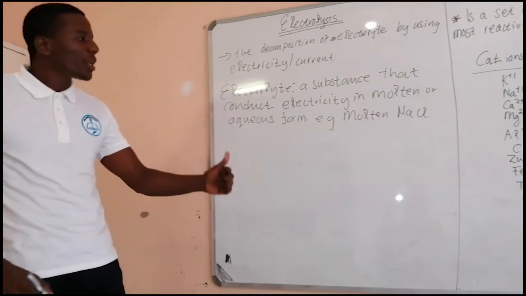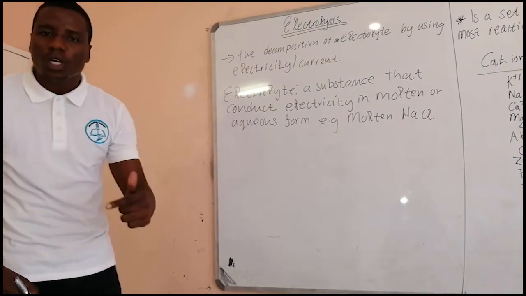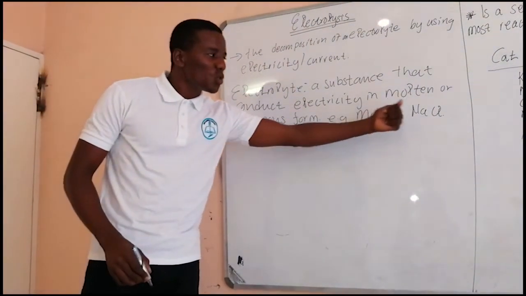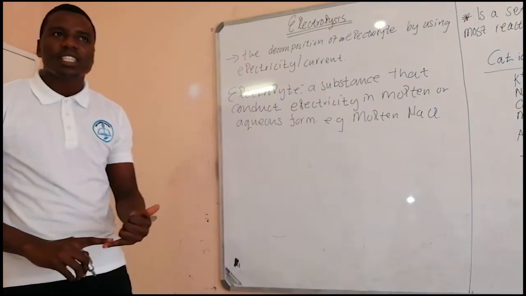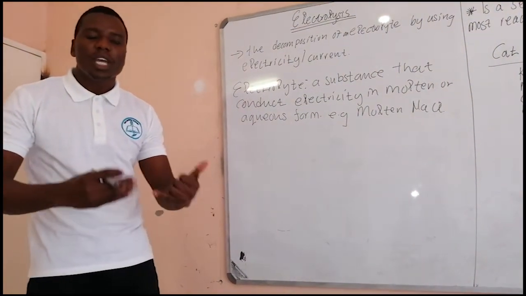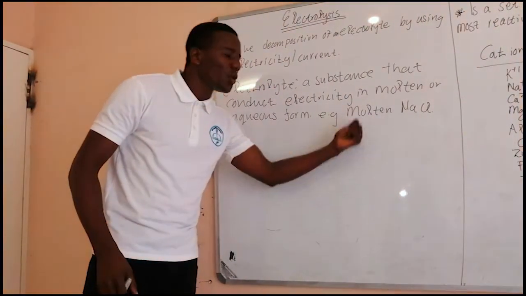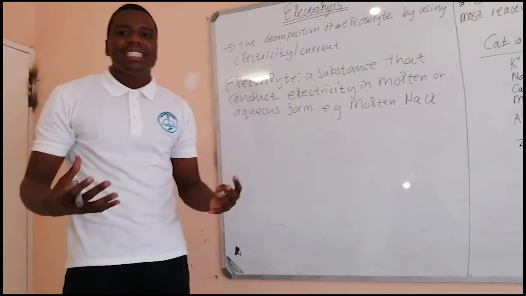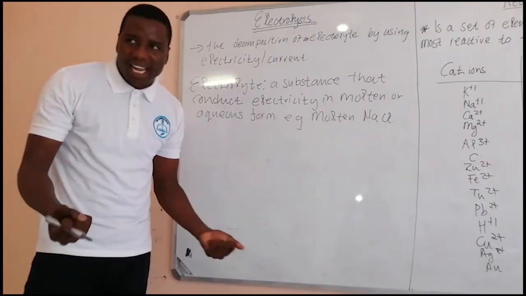Molten sodium chloride will conduct electricity, but solid sodium chloride will not conduct electricity. The reason being that in molten form, compounds can release free ions, or in aqueous form, ions are easily ionized in that form.